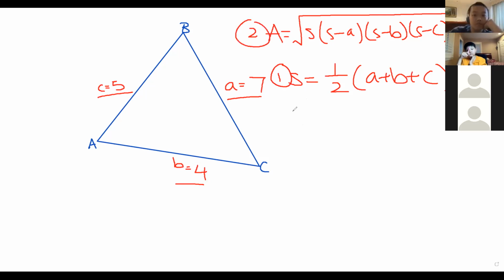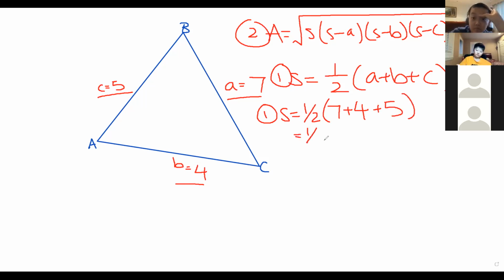So in the first case, S is equal to 1/2 times A, which is 7, plus B, which is 4, plus C, which is 5, right? So this is 1/2 of 7 plus 4, which is 11. 11 plus 5 is 16.